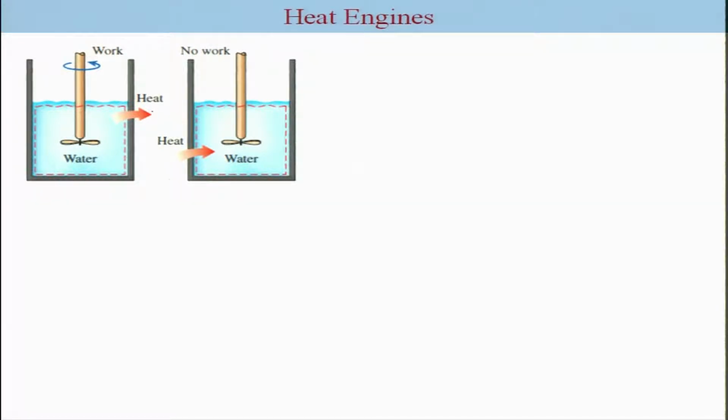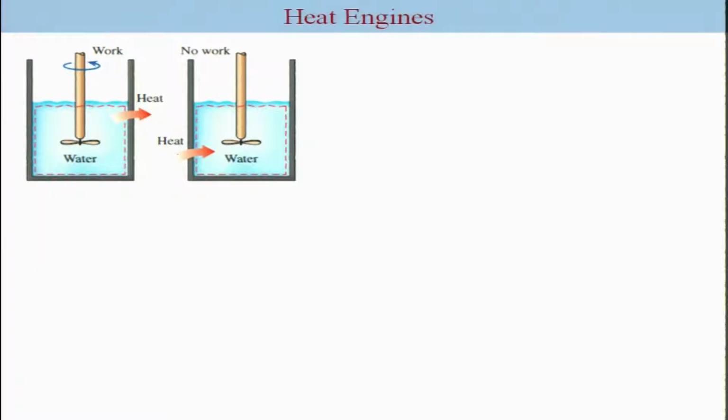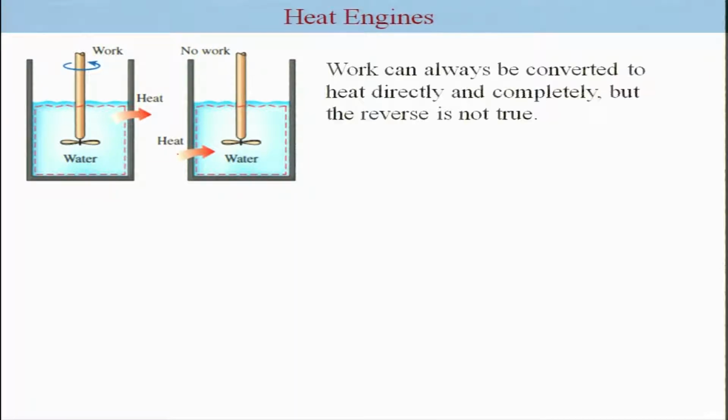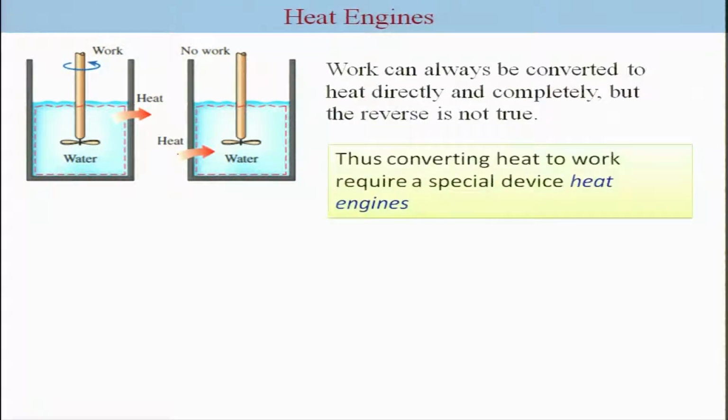On the other hand, if you apply heat, this shaft will not rotate, and thus the process of heat directly to work is not spontaneous. So, there is a direction to the process: the work automatically gets converted into heat, whereas the opposite process is not feasible. That means the reverse is not true.